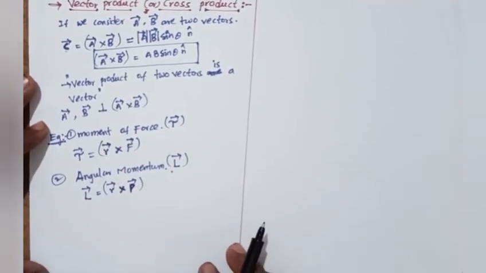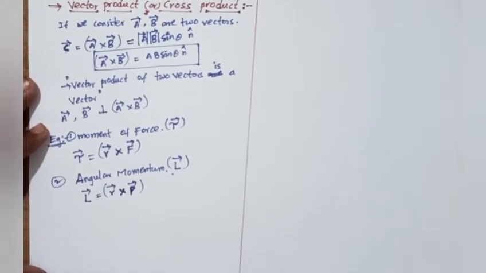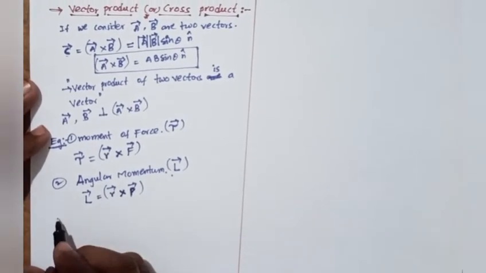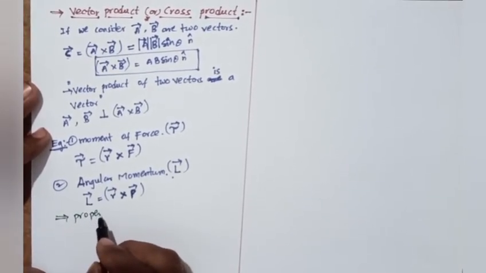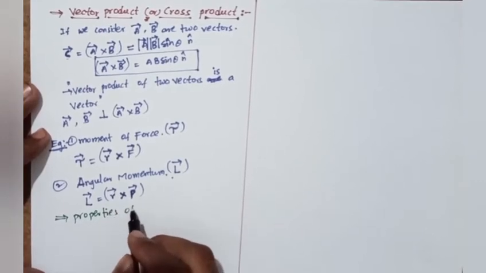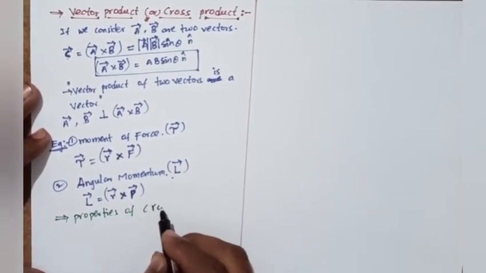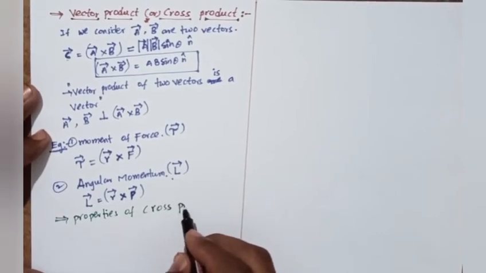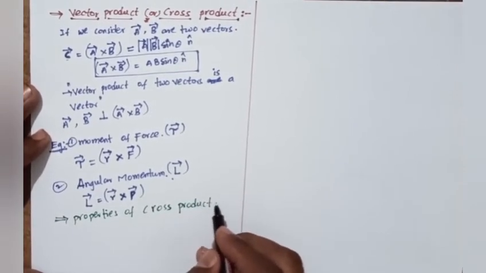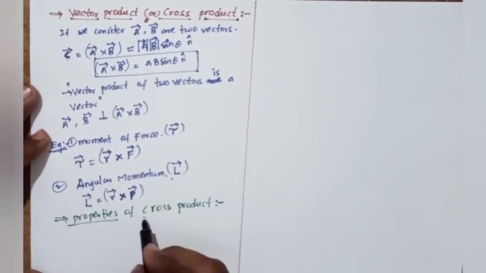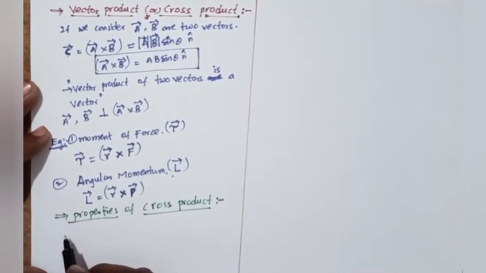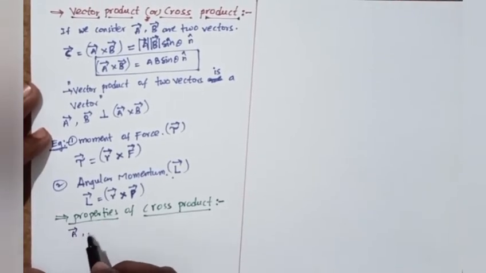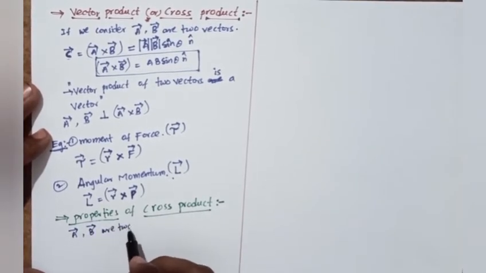Next, what are the properties? We can take the properties of the cross product. First of all, a bar and b bar are two vectors.